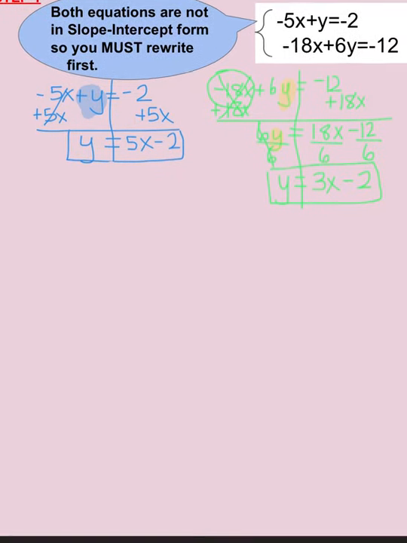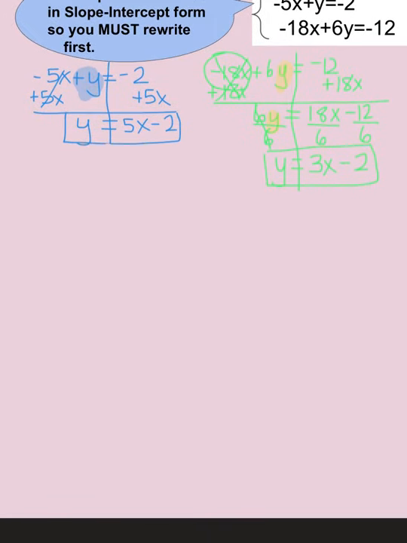Now that that part is done, I'm going to need to take my two equations and set them equal to each other. So I have 5x minus 2 equals 3x minus 2. So I'm only taking this part since they're both equal to y and setting them equal to each other.